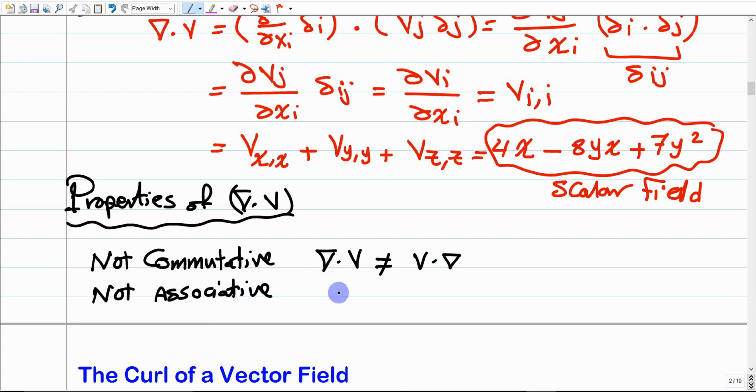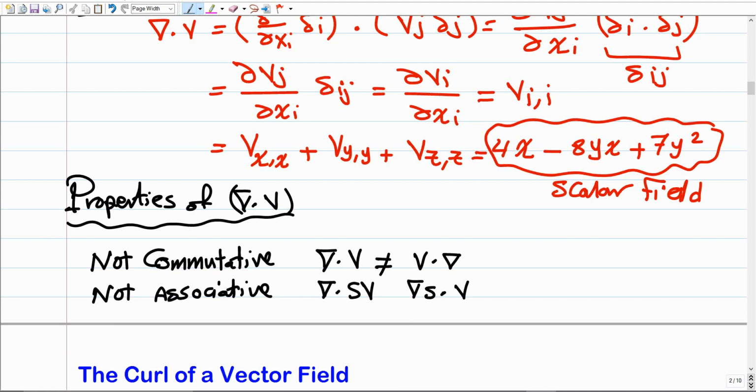So what does it mean? It means that if we have nabla dot S times V, where S is a scalar and V is a vector, and how about if we have the nabla of S dot V? It means we're just going to carry on the dot. For example, I would like to have nabla dot S times V. So I can do the multiplication of the scalar field times the vector, and do the divergence for the result.